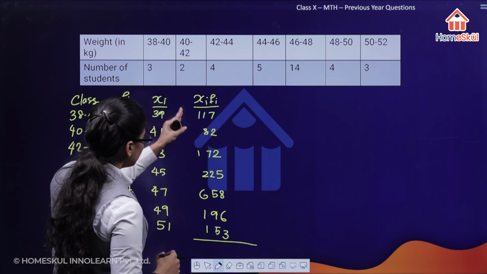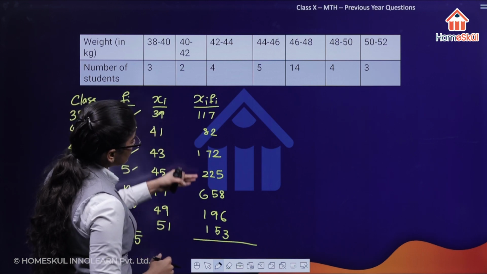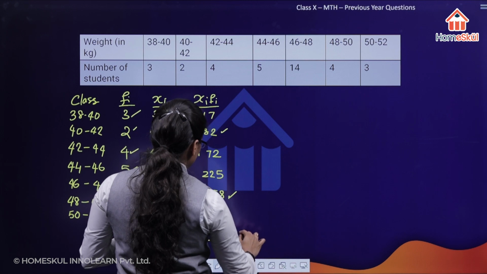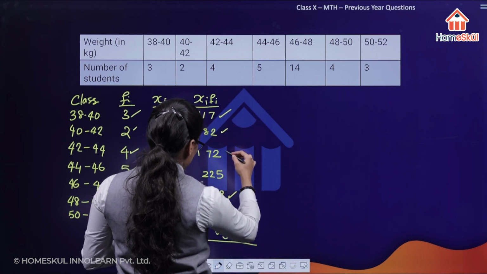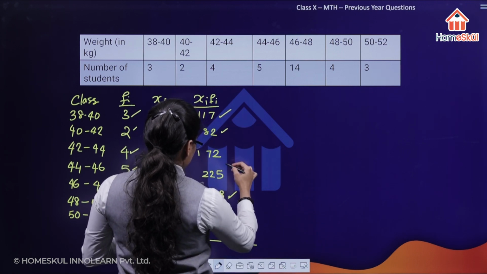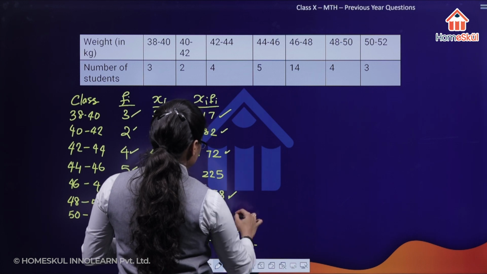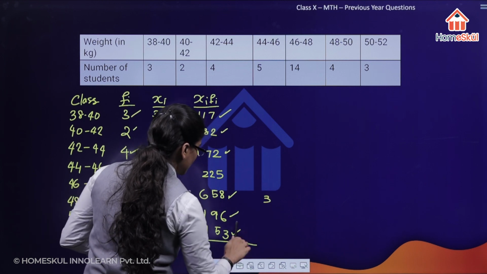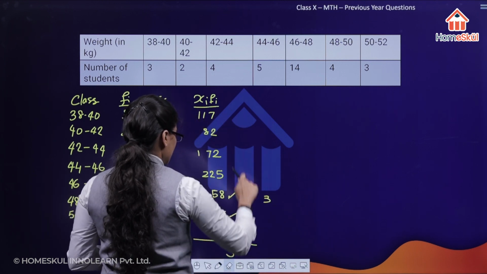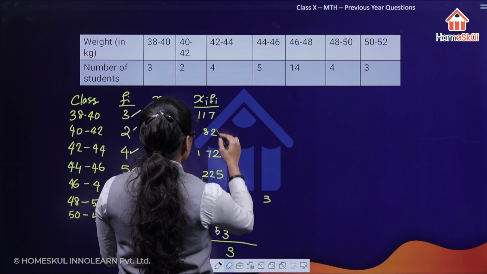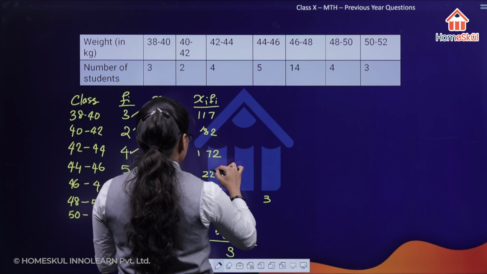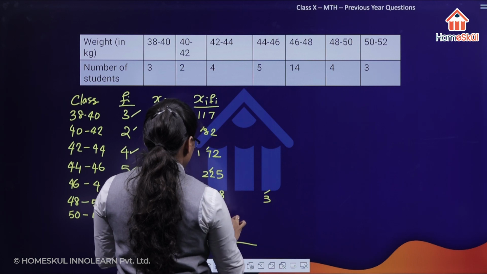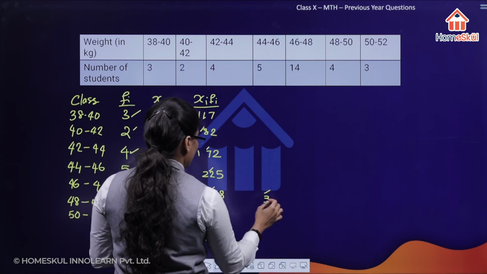Okay, now we will be finding out the sum of xi fi. Adding the values, 28 plus 5 is 33, so 3 carry over. Then 8 plus 2 is 10, this is 20, 30, and here it's 40.